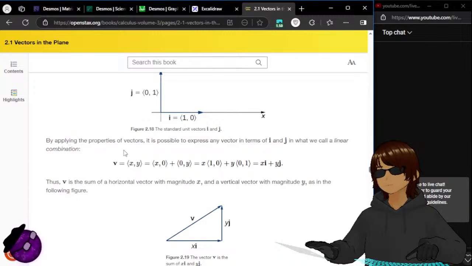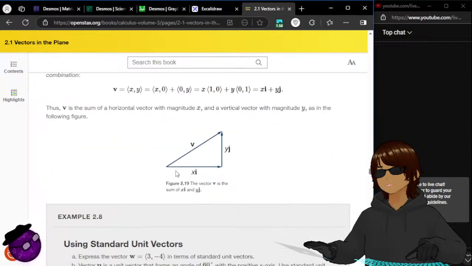By applying the properties of vectors, it is possible to express any vector in terms of i and j in what we call a linear combination. So v is x and y, which can be written as x, 0, plus 0, y, which can be written as i times the magnitude x plus j times the magnitude y. So vector v can be written as xi plus yj.